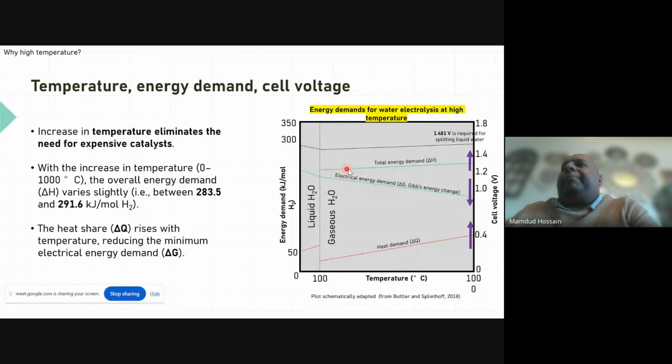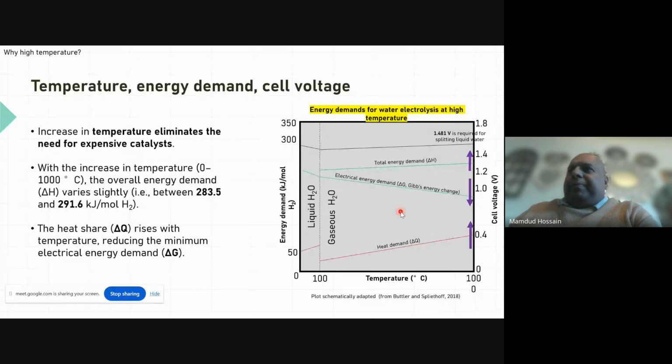At high temperature your total energy demand of course goes up. The higher the temperature, the higher the energy input you need. However, the type of energy changes. At high temperature, you need less electrical energy and more heat energy. Obviously, heat energy costs less than electrical energy. So that is the advantage of producing hydrogen at very high temperature. You need less electricity and more heat.